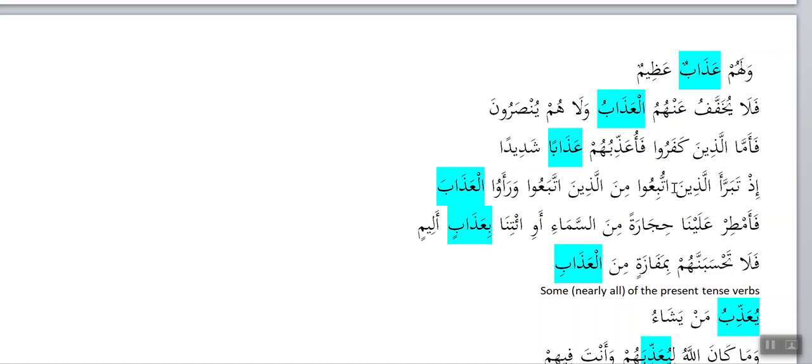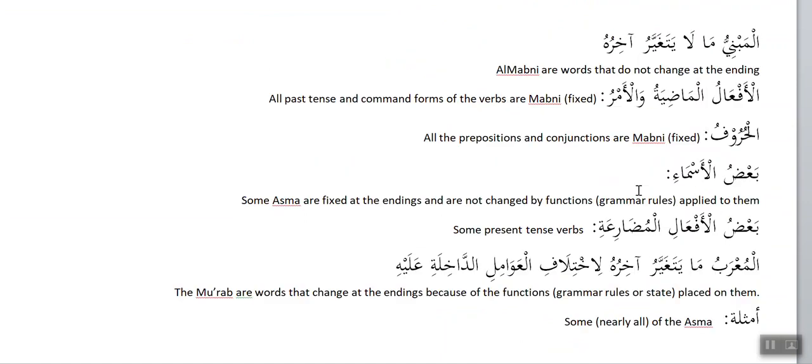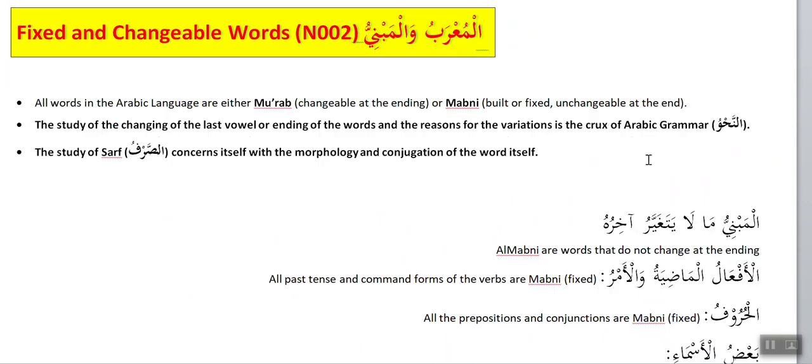So the only thing you need to take away from this lesson here, to go back again, is that all Arabic words either change at the ending, mu'rab, al-mu'rabu, or they're mabni, or fixed.